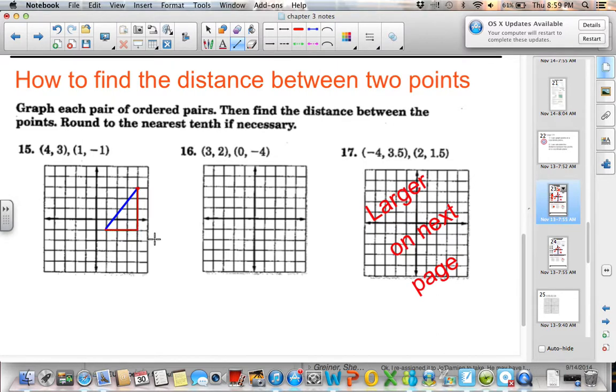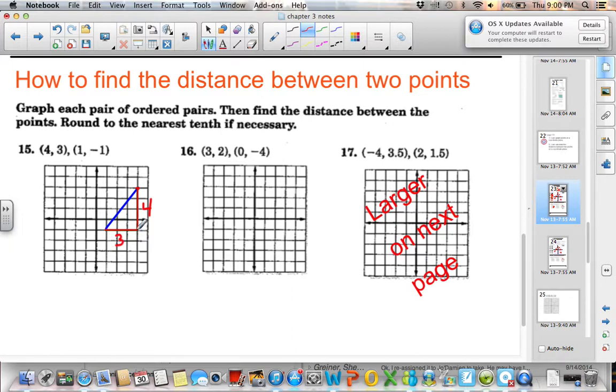Because we have 2 straight lines, we know it's a right triangle because we have our right angle right here. Because we have a straight line, we can count the distance from this point to this corner. I just go 1, 2, 3, 4, so I know that it's a distance of 4. And then from here I'm going 1, 2, 3.